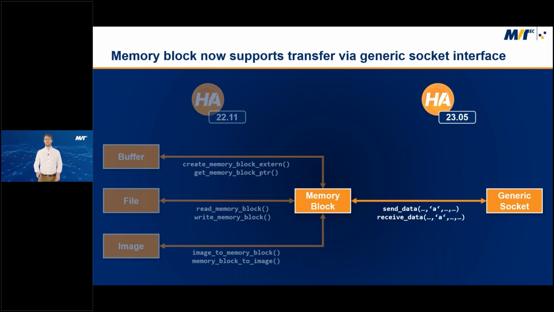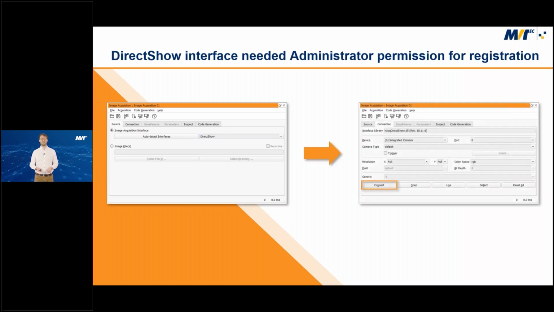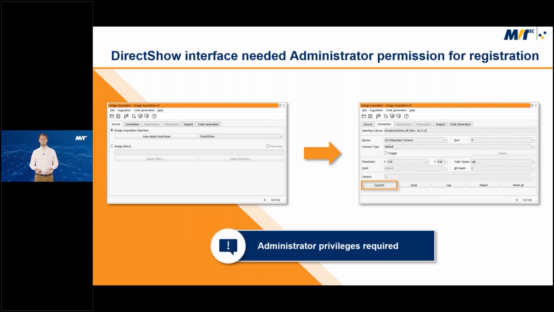Now onto a new acquisition interface that we have. Usually when you used something like a webcam, you needed the DirectShow interface. And the DirectShow interface was not very convenient, because when you selected the DirectShow interface and clicked on connect, you usually needed administrator privileges to run.